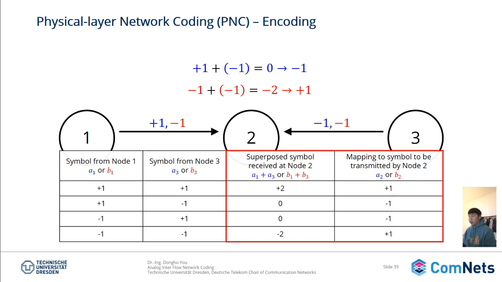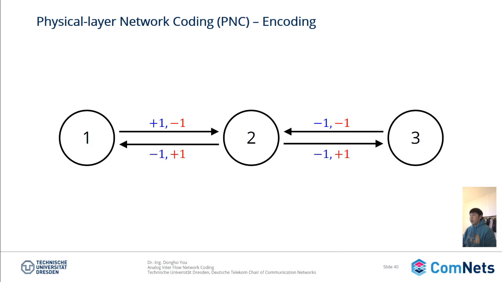And finally, if the superposed signal is -2, it is also remapped into +1 at the relay node. Then node 2 relays the remapped symbols to each destination node in the second time slot.